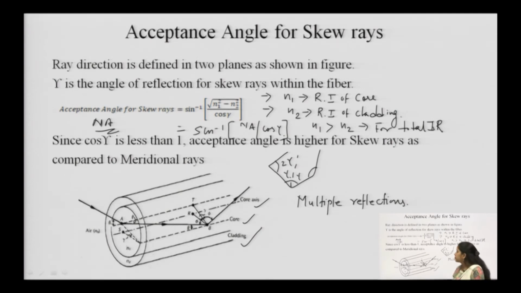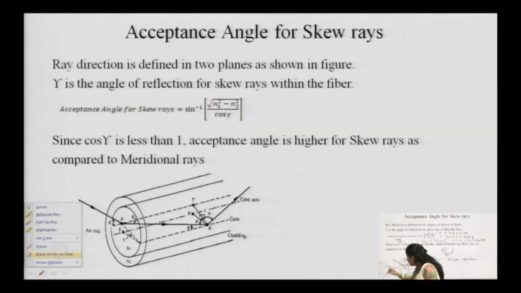Now the value of cos gamma in general cases during propagation is less than 1. If it is less than 1, then of course the acceptance angle will be greater for skew rays as compared to meridional rays.